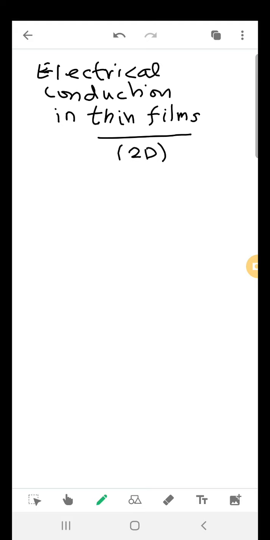Now, first we will consider that the electrons are not bound by any potential. That means the free electrons.